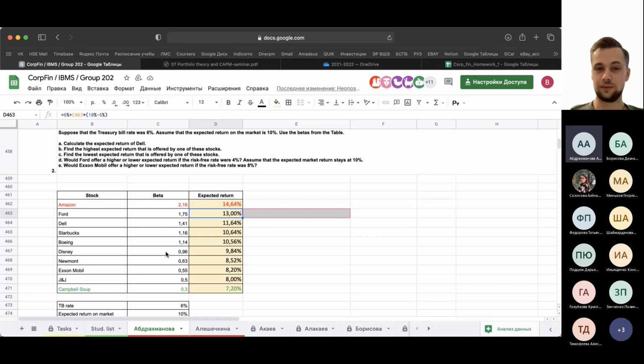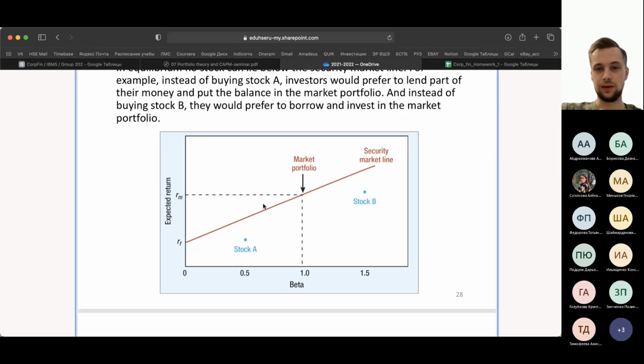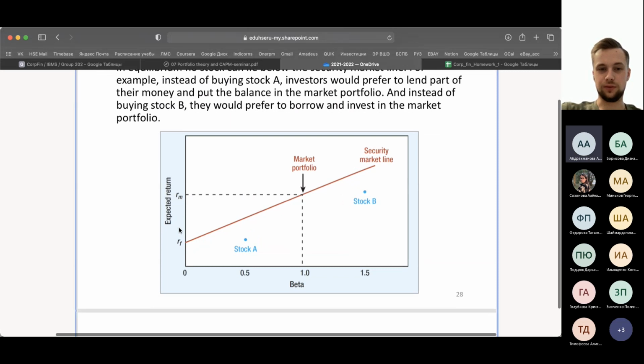The difference between the expected market return and the treasury bill rate will be higher, which basically means that we will get a higher expected return. If we look at the graph, the risk-free rate will go down and the line will shift like this.